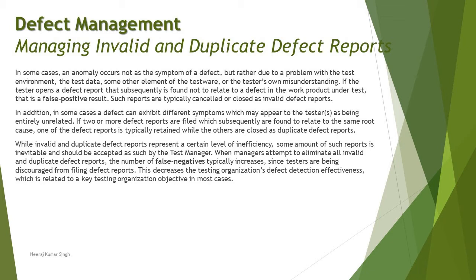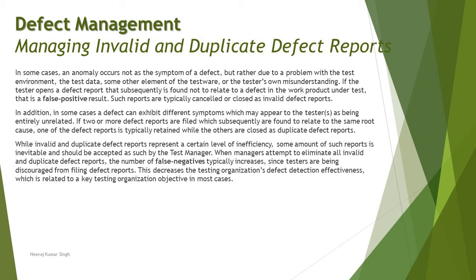While invalid and duplicate defect reports represent a certain level of inefficiency, sometimes testers raise a lot of defects, but most of them are marked as invalid or duplicate. It becomes a concern for the testing team. As a quality team, if you are raising unwanted defects, knowingly or unknowingly, but let's consider unknowingly, that you're raising invalid defects, that creates a question on your way of working.